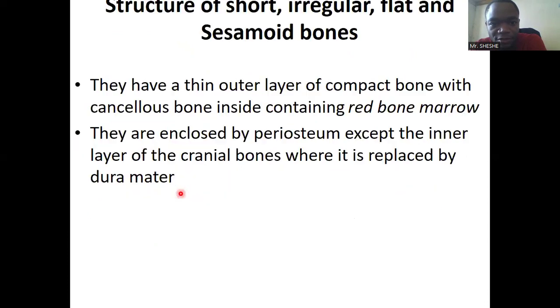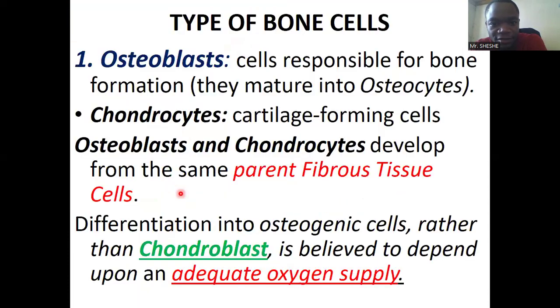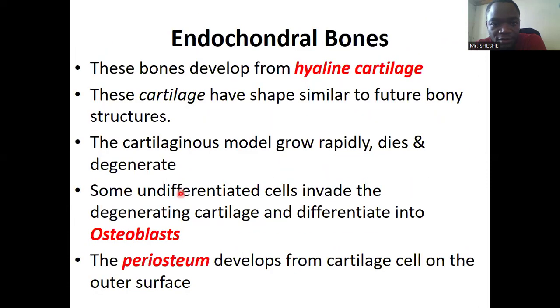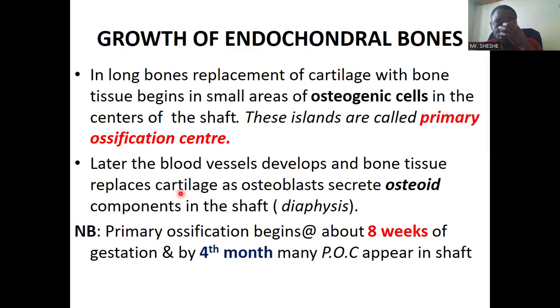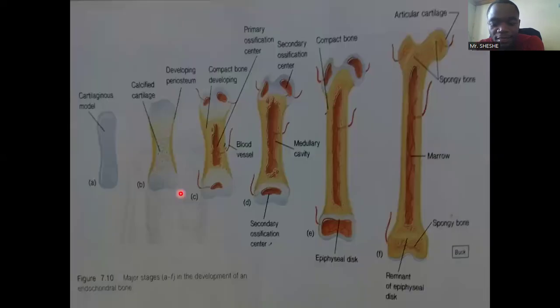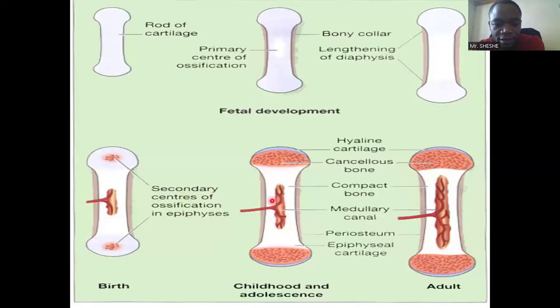Because initially bones are soft because they are cartilage. Once osteoid is secreted and then mixes with calcium phosphate and carbonate, it hardens to become strong bone. So there, you can see now that this structure, cartilage, is now becoming bone.